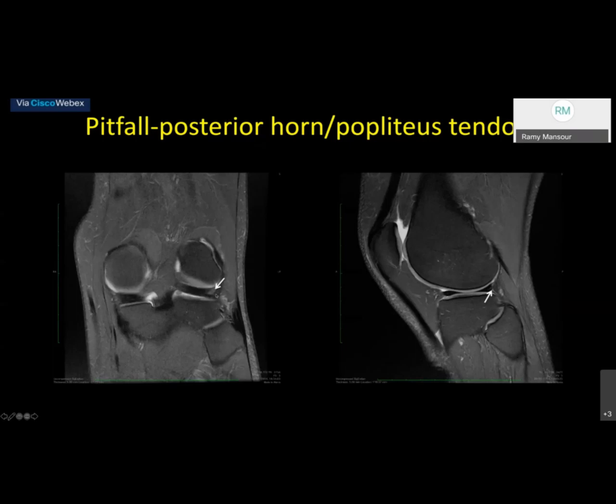On the coronal image, you can see this is not a tear, this is just the junction between the popliteus tendon and the posterior horn. That's why, when you're looking at the menisci, it's very important to always compare and correlate between the sagittal, coronal and also axial images to know exactly where you are and not to overcall any meniscal tears.